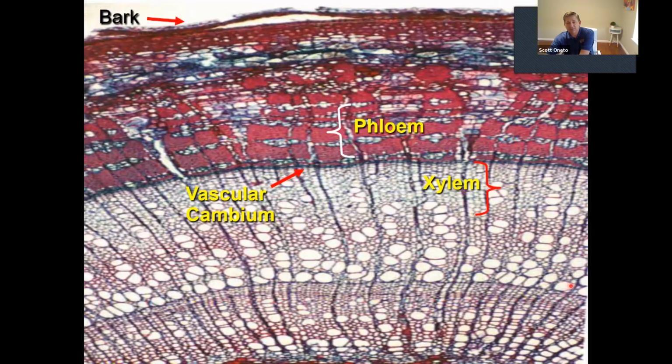And then as we start moving into summer, growth begins to slow a little bit. Water demand, water in the soil becomes a little more scarce. And so we start seeing less big pipes and more little pipes. And as we get into later in summer, again, less growth, less demand, less water.